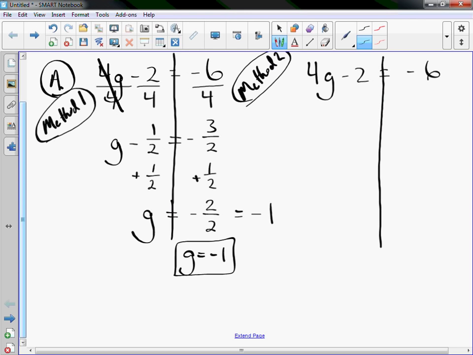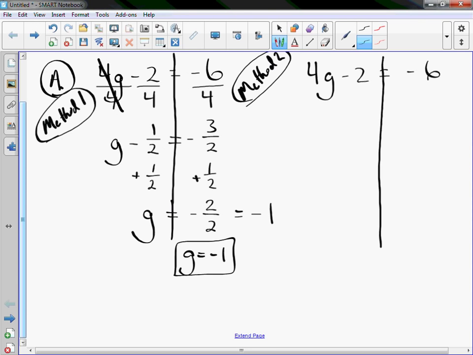Last time I started by dividing everything by 4. And the big mistake people make on the first thing is to say, well, I divided the 4g by 4, so I just have to go to the other side of the equal sign and divide the -6 by 4. When in reality we need to divide every term by that number. So sometimes this first method causes a bunch of confusion.